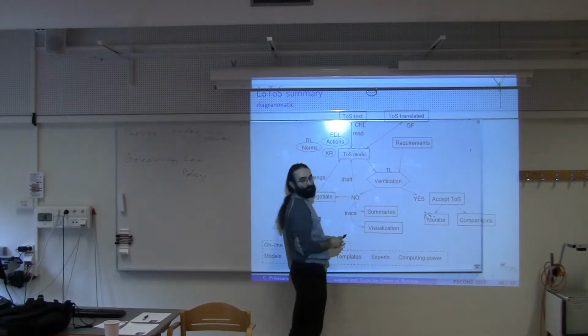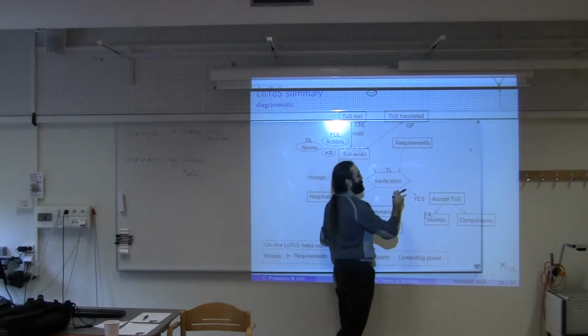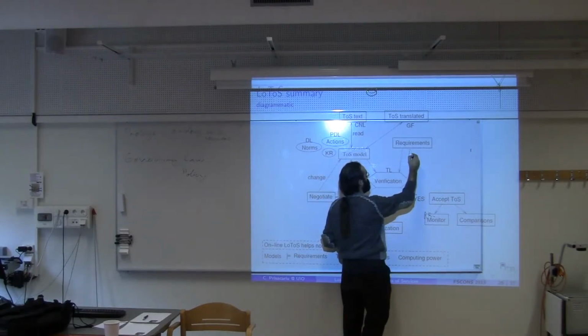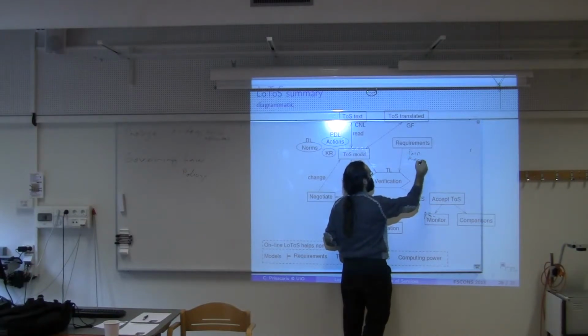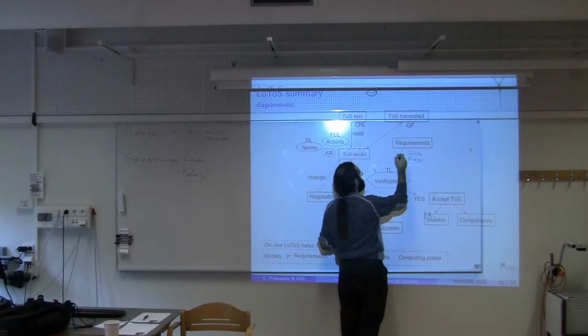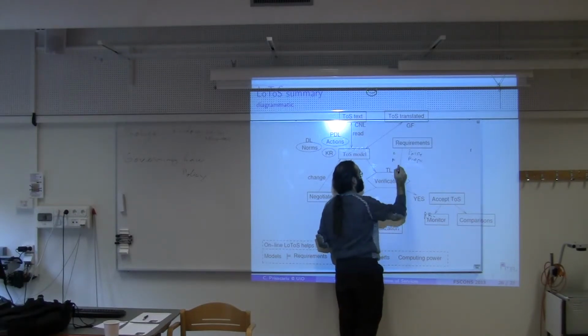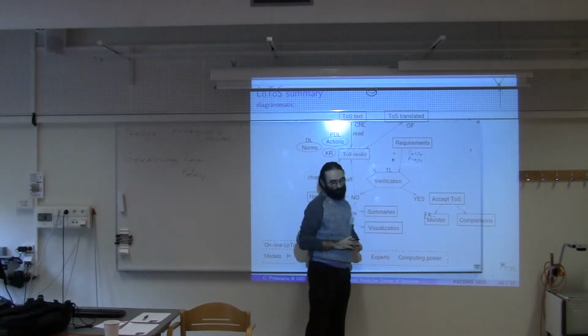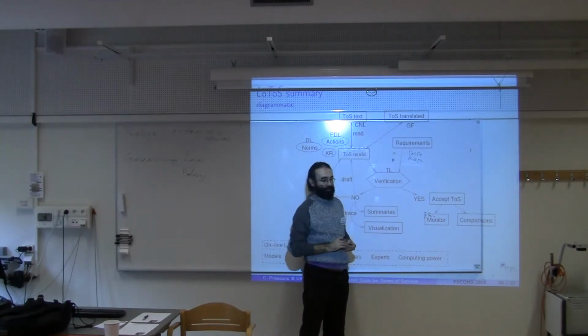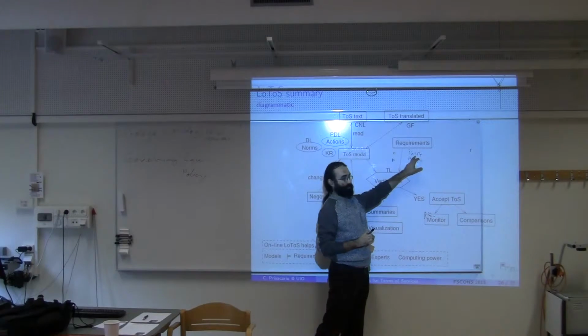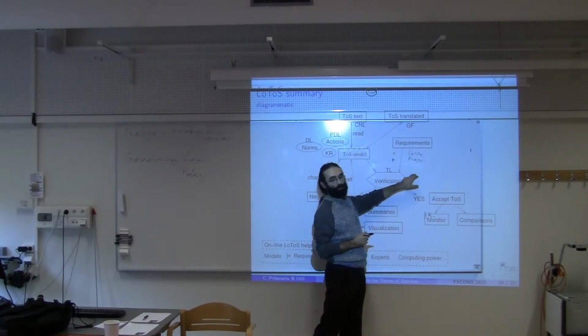Yes, so these requirements, you have one property, you have another property, and you check each of them against the model to see if they are satisfied. But you can also specify that the governing law can be interpreted as a series of properties.